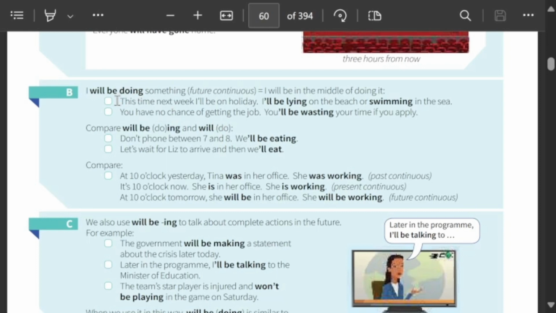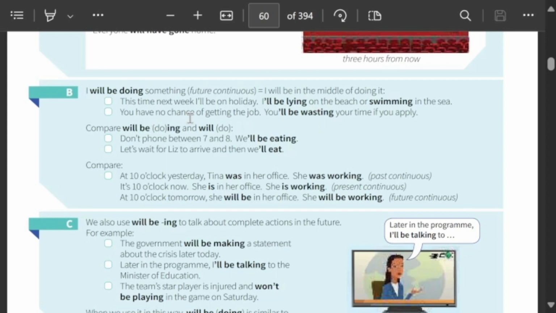So now in the present, you have no chance of getting the job. Now in the future, you will be wasting your time if you apply. Do you understand? You will, in the future, be wasting. It's a continuous, an action in the continuous sense, but in the future.